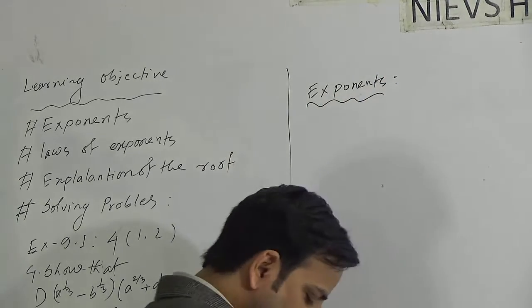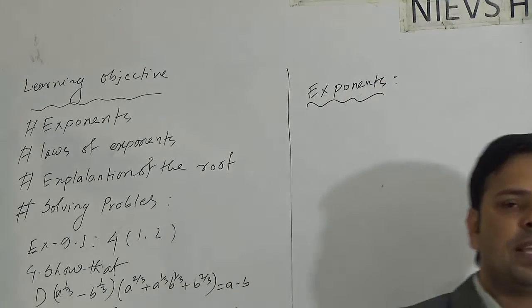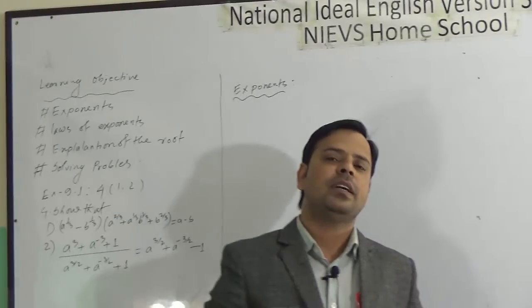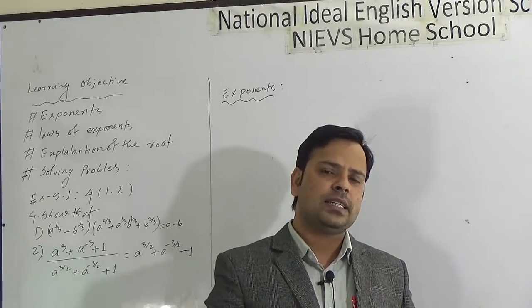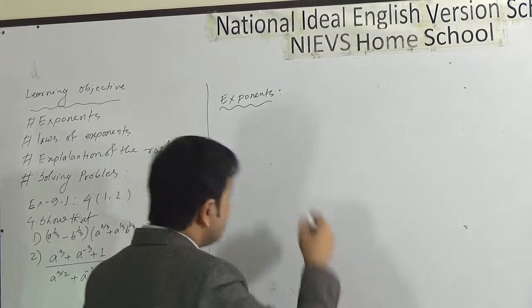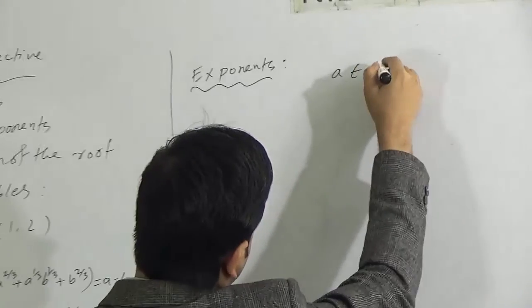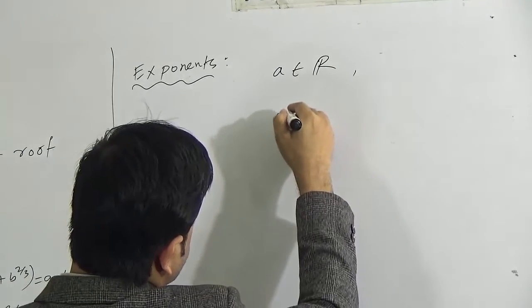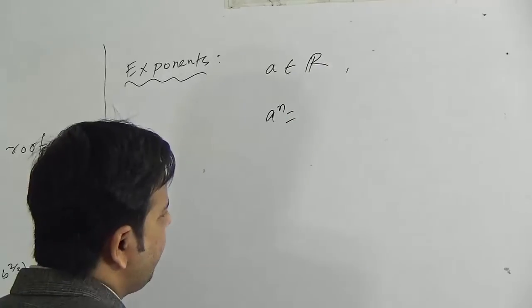Dear students, now suppose a is a real number. If we multiply the number a n times, then we will get a to the power n.